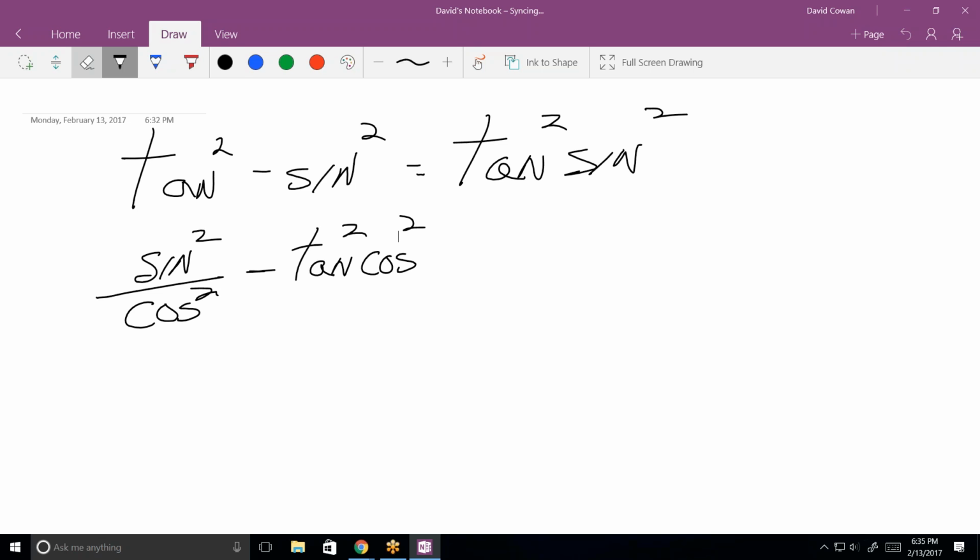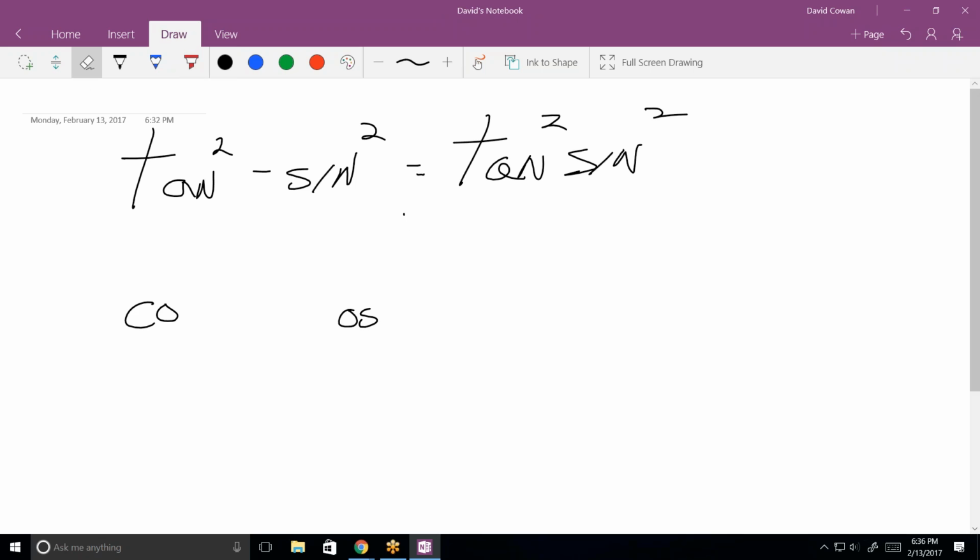Yeah, let's find a common denominator, which is going to be cosine squared, and that's going to make that cosine to the 4th. You see that? Okay. Doesn't help any, does it? Well, let's go back here.